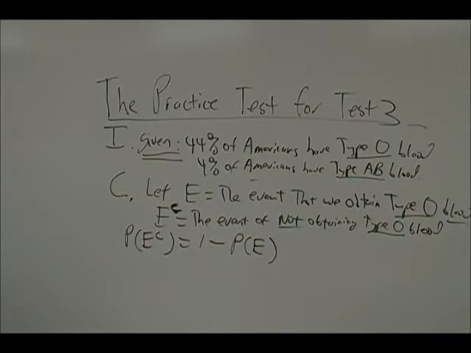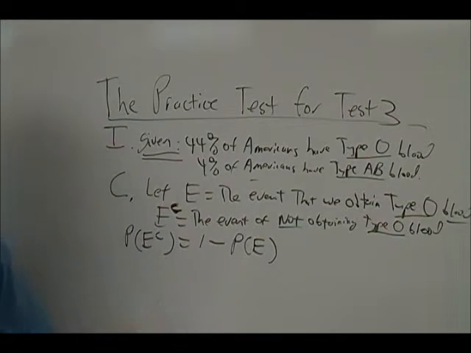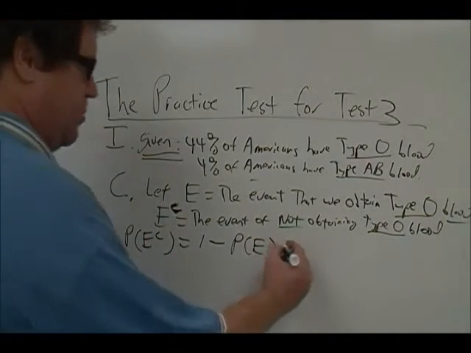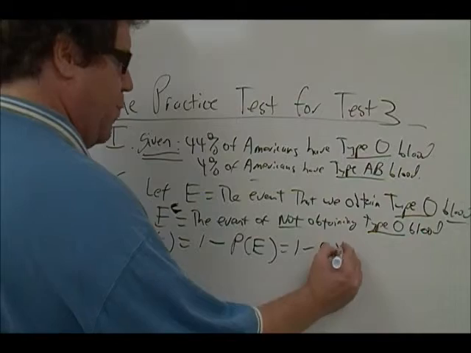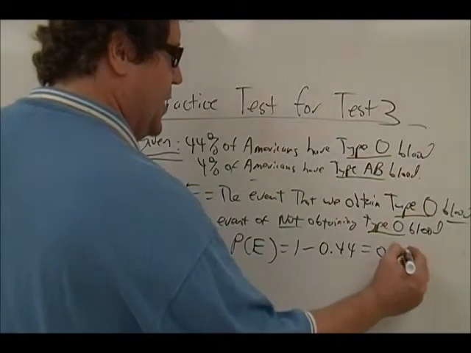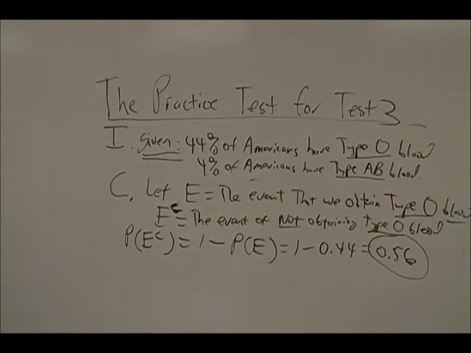Since we found the probability of E to be 0.44 in part A, the probability of E complement would just be 1 minus 0.44, and that is 0.56. So the answer to part C, the probability that a randomly selected American has a different blood type than type O, would be 0.56.